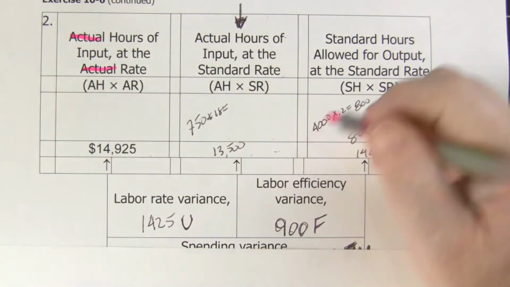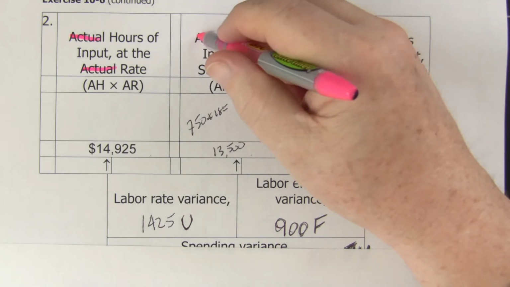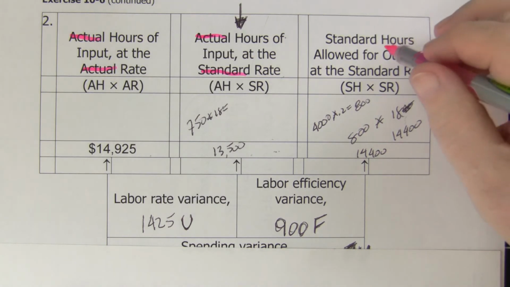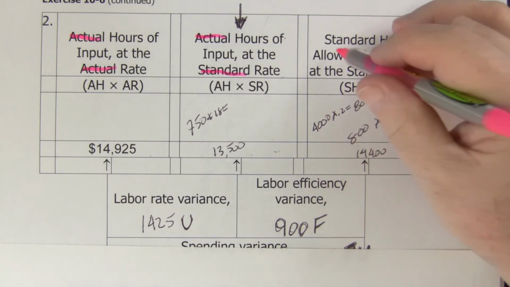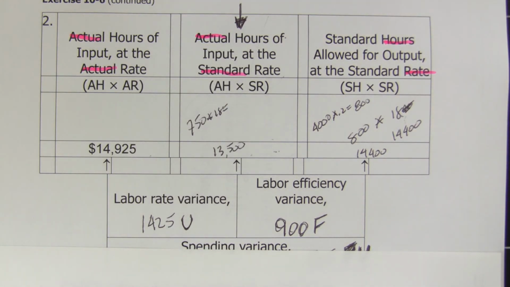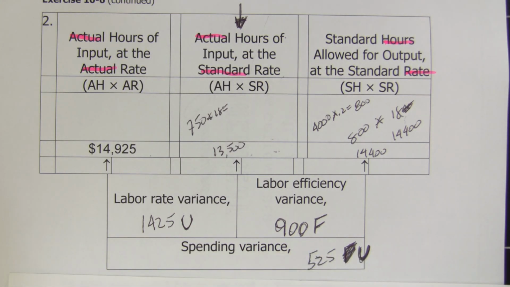Actual is what we really spent, what we really did. Then what we hoped to do times what we hoped to spend. So the most efficient way to do these is to make up a bunch of these little grids, fill them in and do it that way. It makes perfect sense when you do it that way. Trying to do their factored equation method and all that other nonsense, pain in the butt.